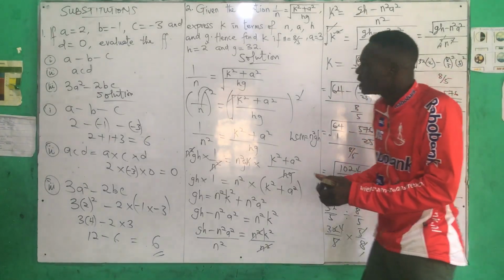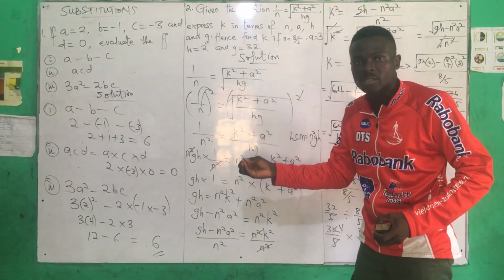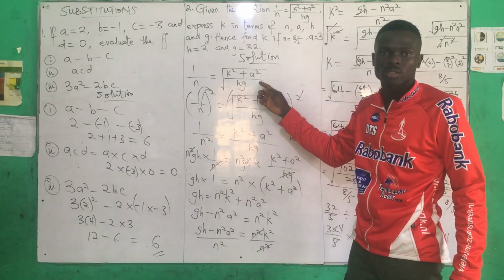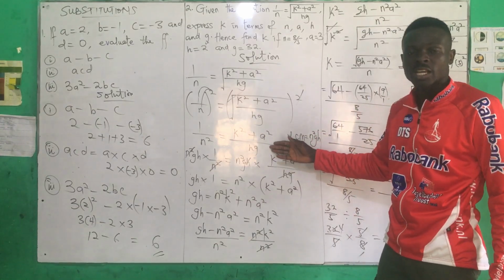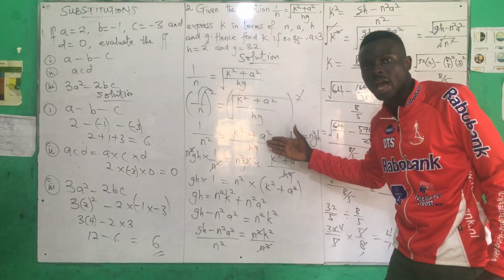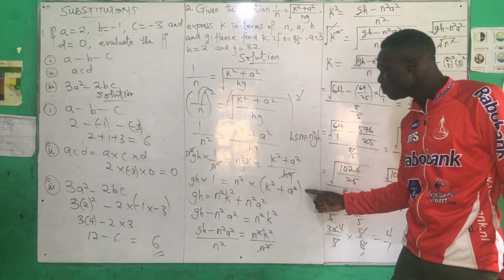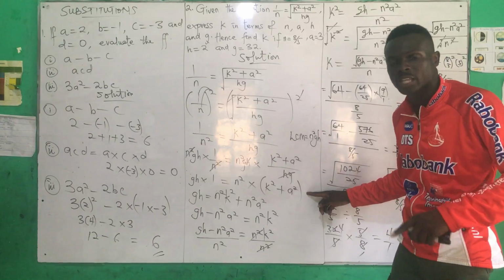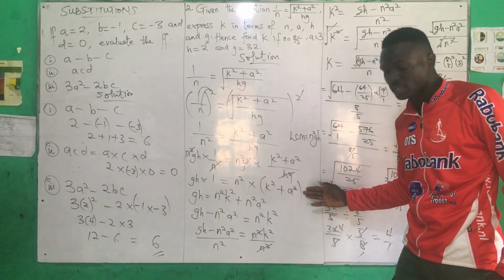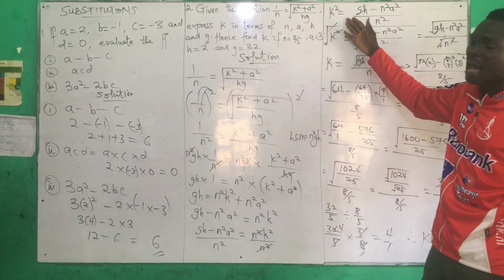You have been taught how to make a variable the subject involving square roots. Apply. You have been taught how to make a variable the subject involving fractions. Apply. You have been taught how to make a variable the subject in relation involving brackets. Apply. Square. Apply.